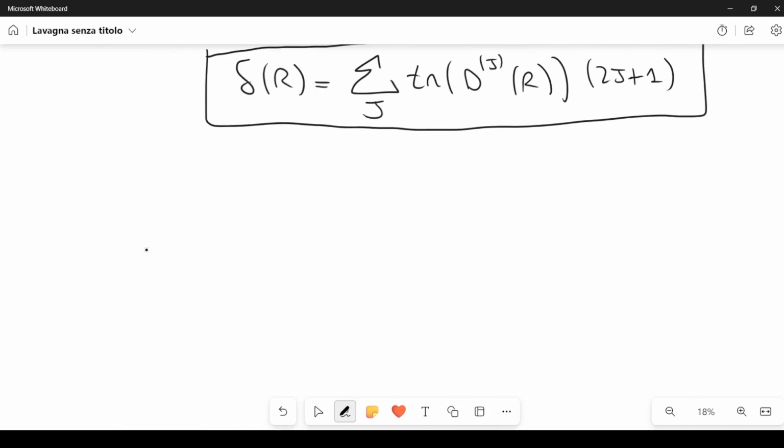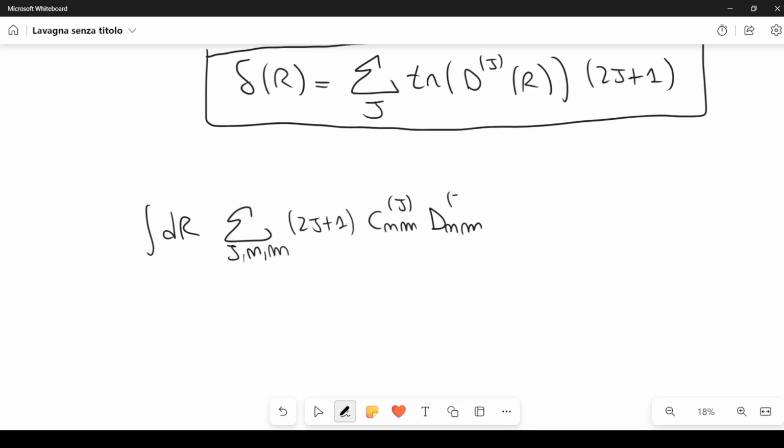So when I do that, I get an integral over dr, and then I have a summation over j, over n, over m. Let me put 2j plus 1 here, and then I have c n m j, d n m j of r star, and then here I have d.